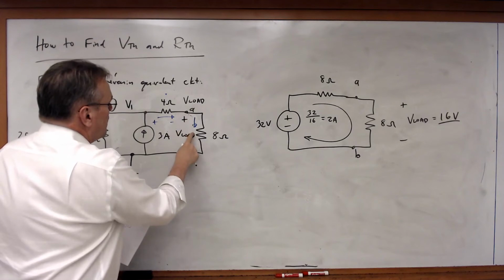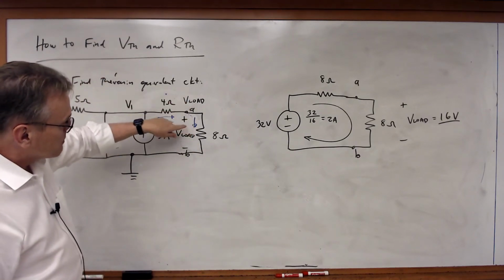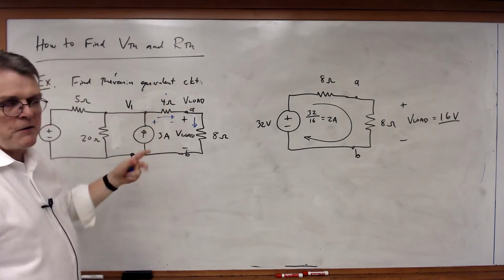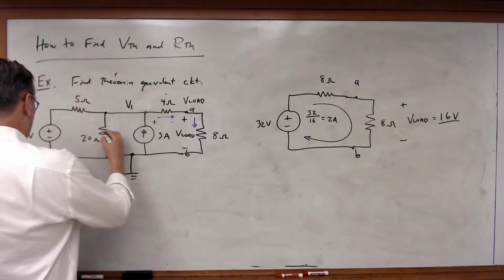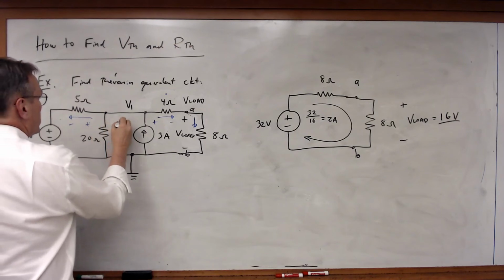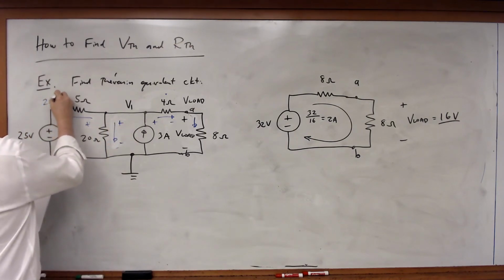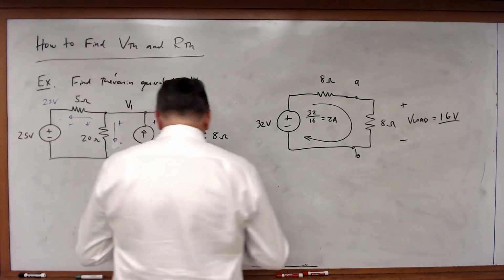Since I've already got V load defined, the direction of the current through that 8 ohm resistor is already defined, and I'll pick the same current for the series resistor, same direction. Over here, I'll do exactly what I did before, pick the same directions, and that's 25 volts. Now I can write my KCL equations.